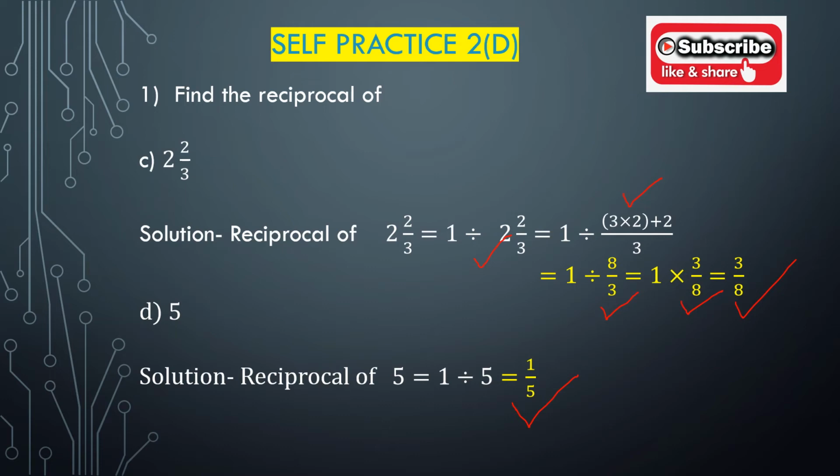So the reciprocal of 5 divided by 1 is just interchanging the numerator and denominator, that is the denominator changes to the numerator and the numerator changes to the denominator. So 5 divided by 1 becomes 1 divided by 5. So the reciprocal of 2 and 2 divided by 3 is 3 divided by 8, and the reciprocal of 5 is 1 divided by 5.